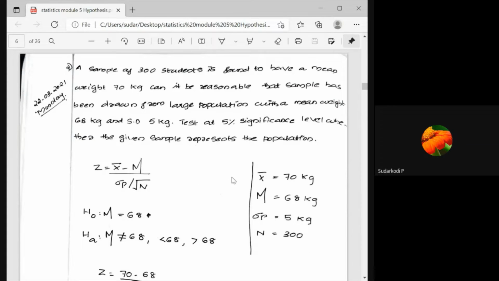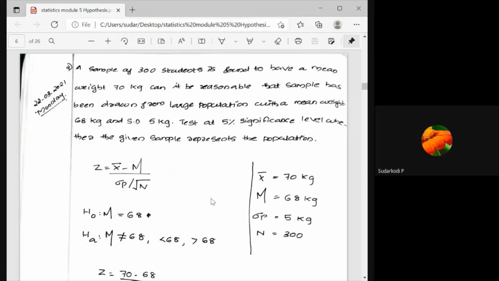So n, the number of students, that is the sample size, is given, standard deviation of population is given, mean of population is given, mean of sample is given. Then go for the Z formula and check whether all the data related to the Z formula is there or not.